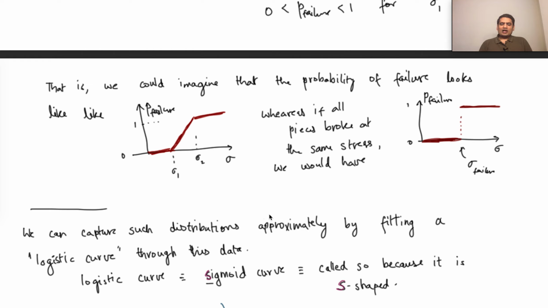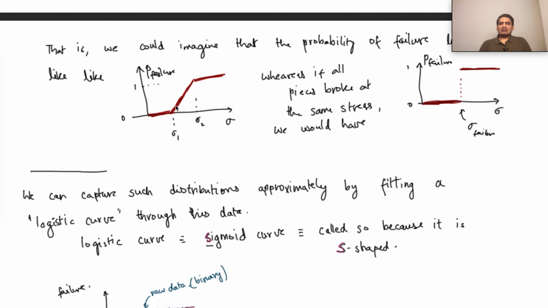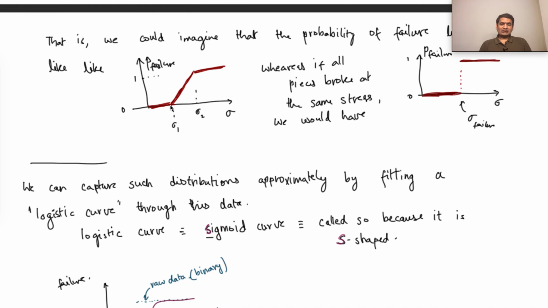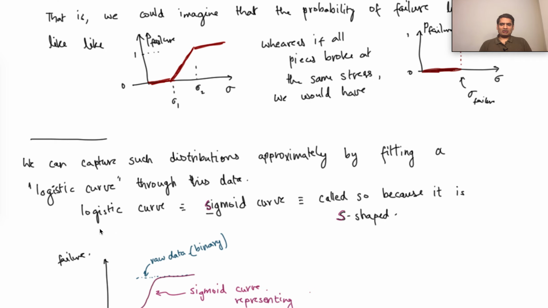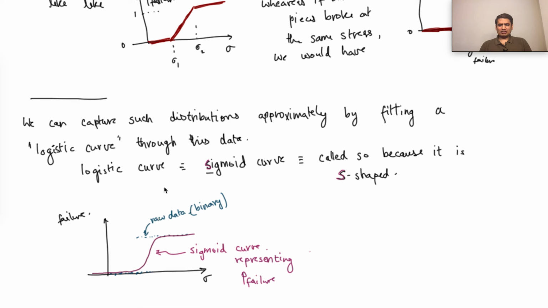Now, it turns out that it is conventional to try to approximate data of this flavor, not necessarily this failure data, but data that have this discrete output flavor, using what is called a logistic curve or a sigmoidal curve. What does this curve look like?